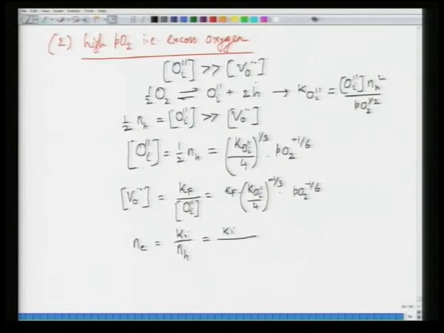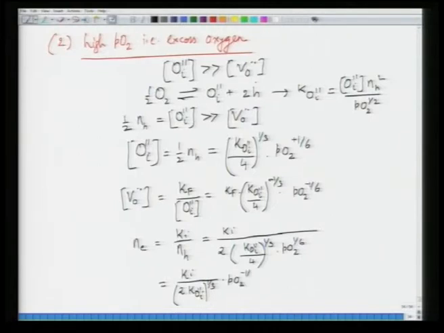So KI divided by 2 KOI divided by 4 to the power 1 by 3 into PO to the power 1 by 6, which means NE would be, now you can either take this inside, so this will become KI divided by 2 KOI to the power 1 by 3 into PO to the power minus 1 by 6.